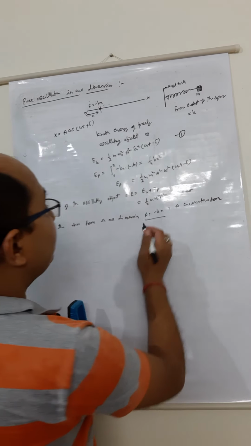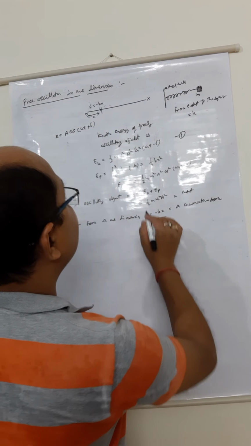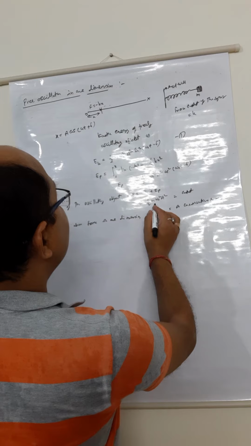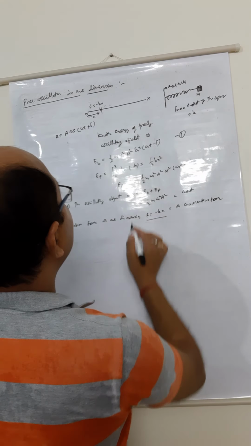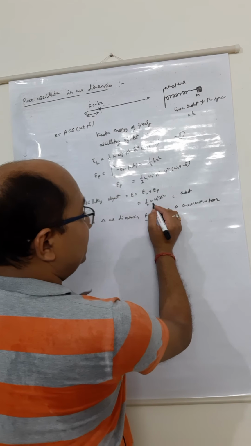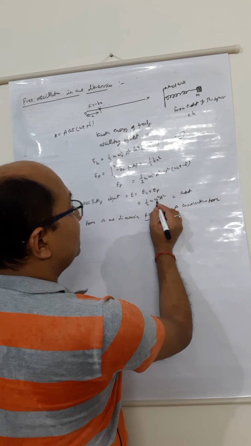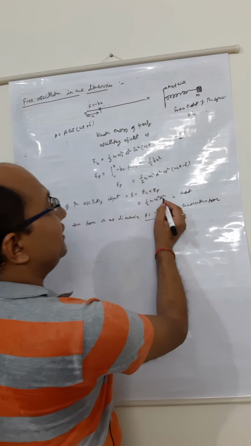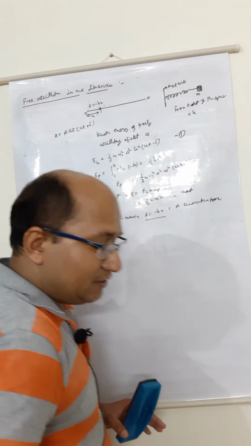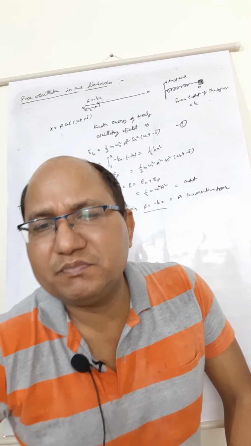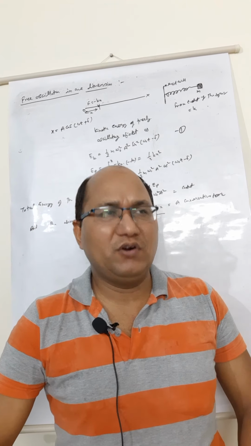So here we observe that the total energy of this oscillating particle is always constant because mass is a constant quantity, omega naught called angular frequency is also constant, and A here is the amplitude, already constant, because maximum amplitude is nothing but the maximum displacement of the oscillating body.